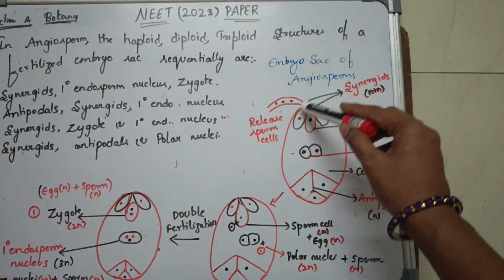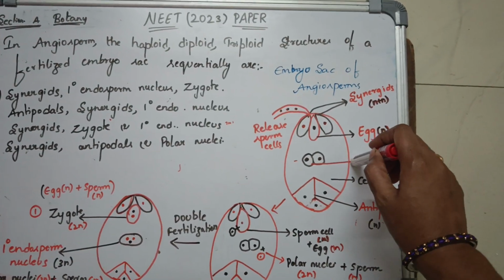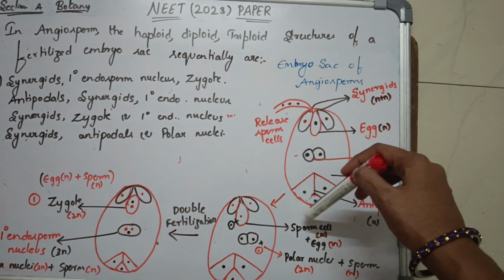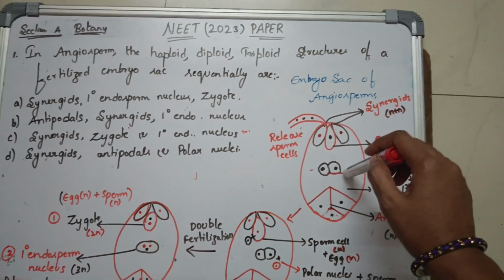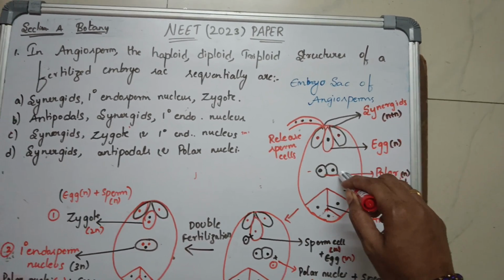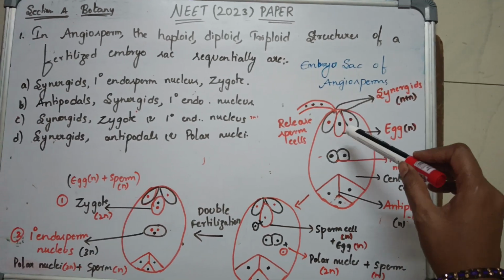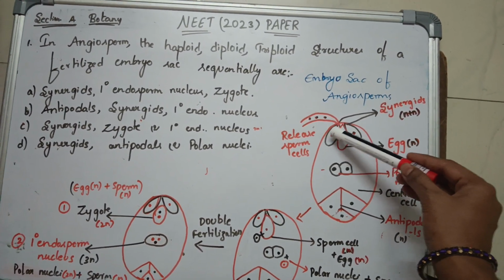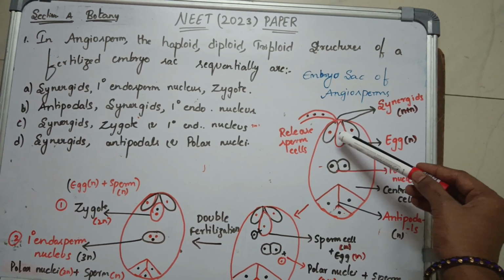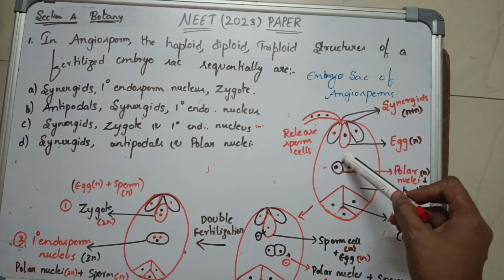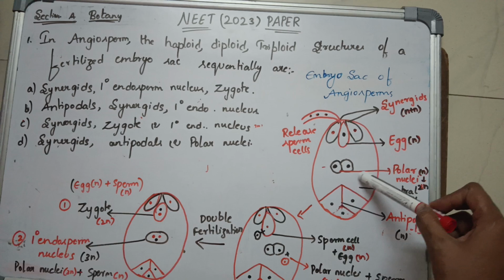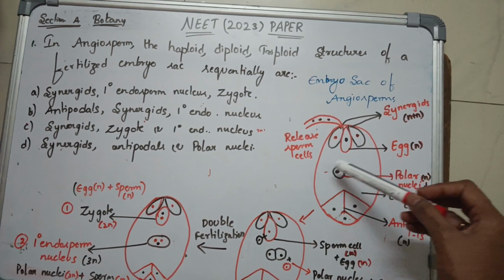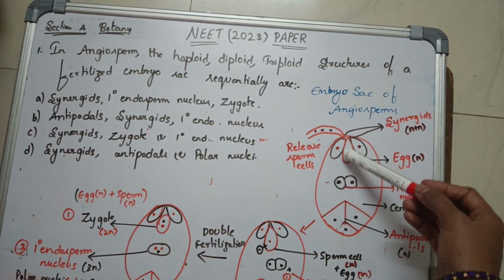First of all, this is the embryo sac of angiosperms, which is present inside the flower. In the embryo sac, normally at one end we have two synergids and one egg, and in the middle we have two polar nuclei and the central cell. We know that every cell has a nucleus and cytoplasm.